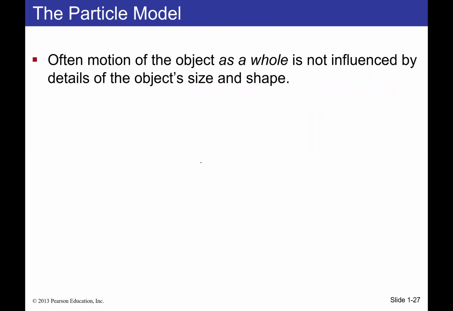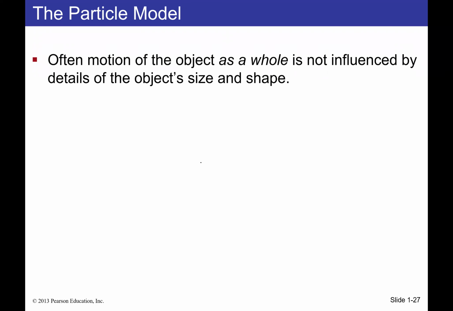All right, so often the motion of an object as a whole is not influenced by details of the object's size and shape. This is really simplifying the problems, really simplifying the motion, but it is necessary for this particular chapter because we're just learning about motion, and it's important for us to simplify things.